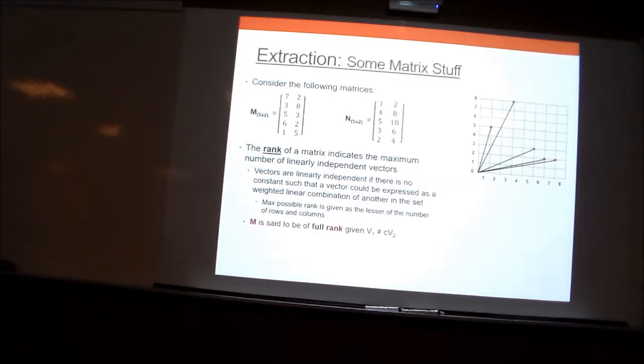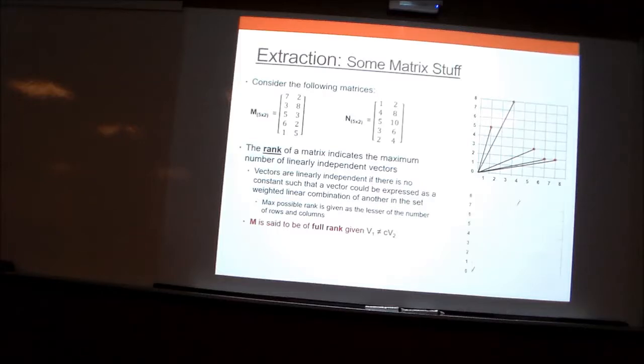And if we plot these out, if we take 2, 27, 38, 53, 62, and 15 and plot them on this grid, we get different lines going through each one of these. And so we're going to say that matrix M is full rank because vector 1 is unequal to any constant that we would add to vector 2 and perfectly reproduce it, right?